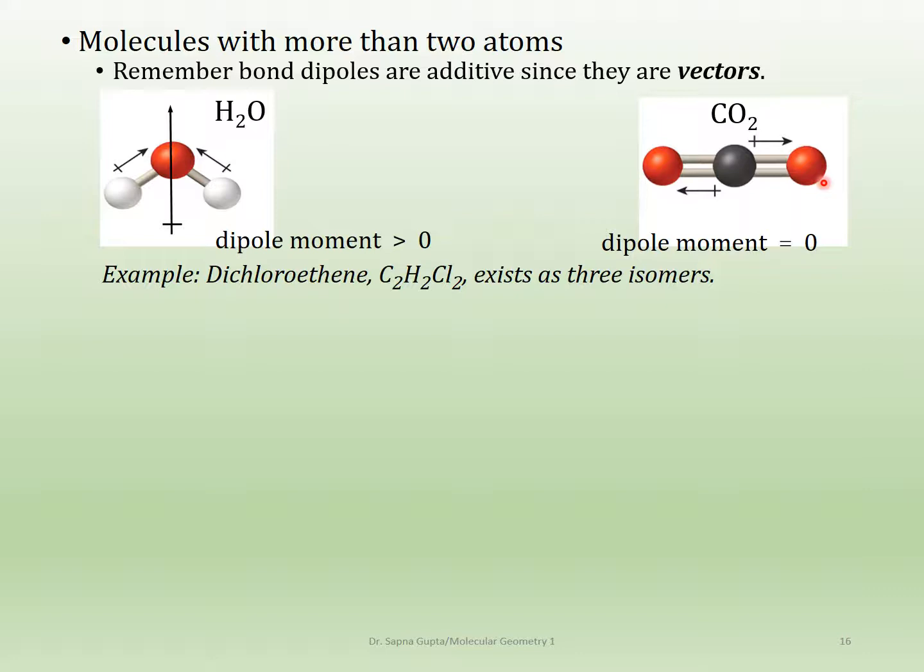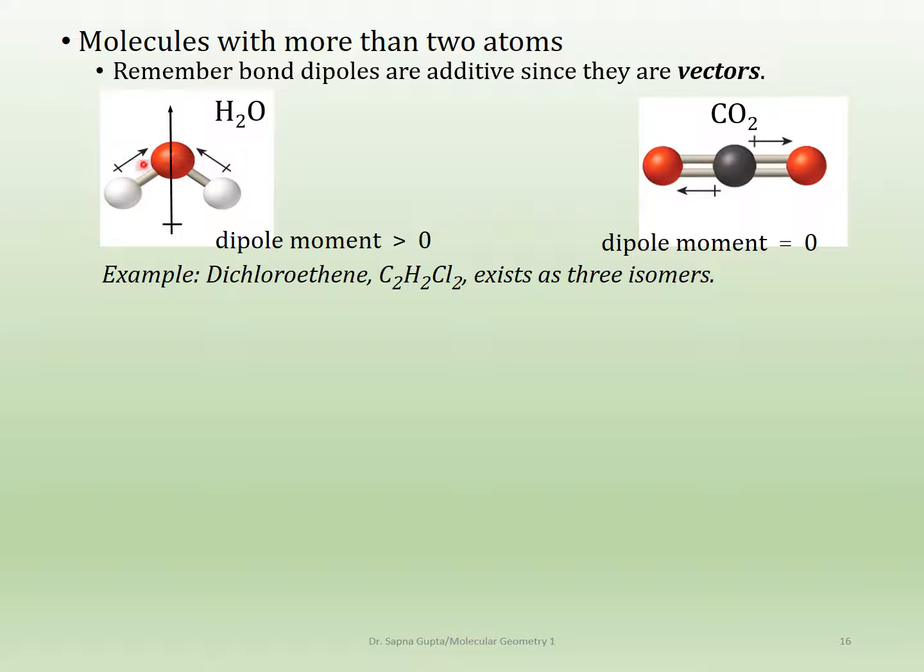The way I look at polarity sometimes is like a tug of war. If one atom is stronger than the other, it will pull electrons towards itself. But here the tug of war is pretty much equal, and therefore this molecule will have a zero dipole moment, which means that it is nonpolar. In the case of water, the tug of war was being won by oxygen because of the angle. If water was a linear molecule, then it would also have a zero dipole moment.